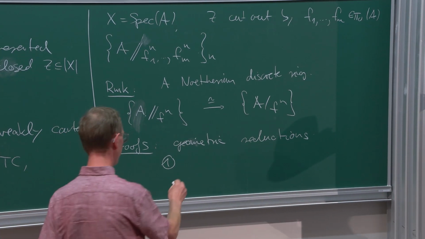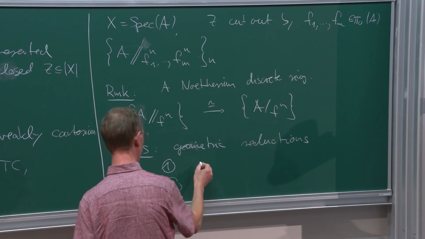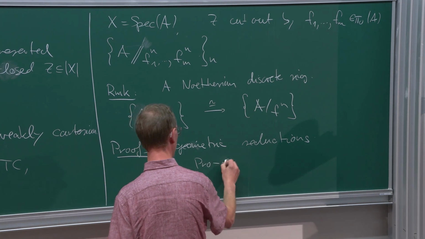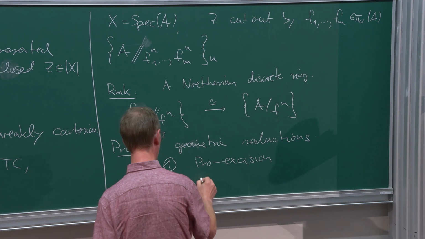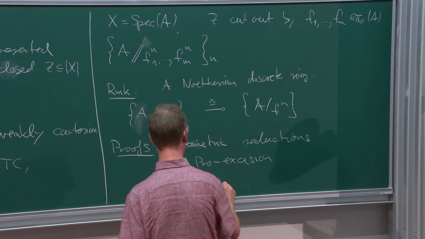And then there are two facts about K-theory. One is pro-excision, and the second is descent for derived blow-ups.